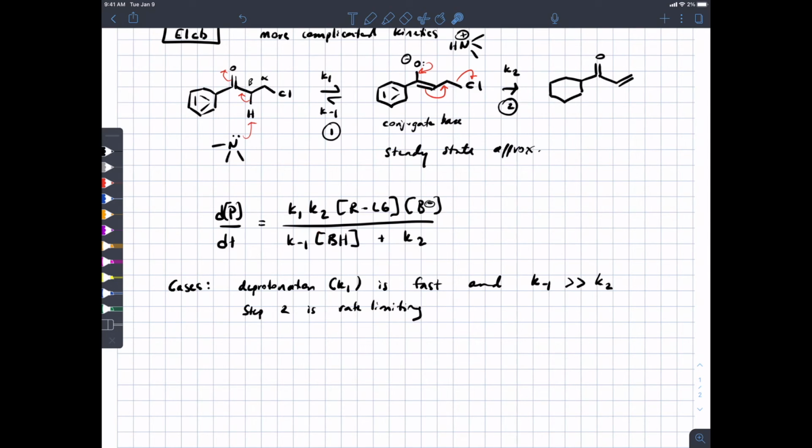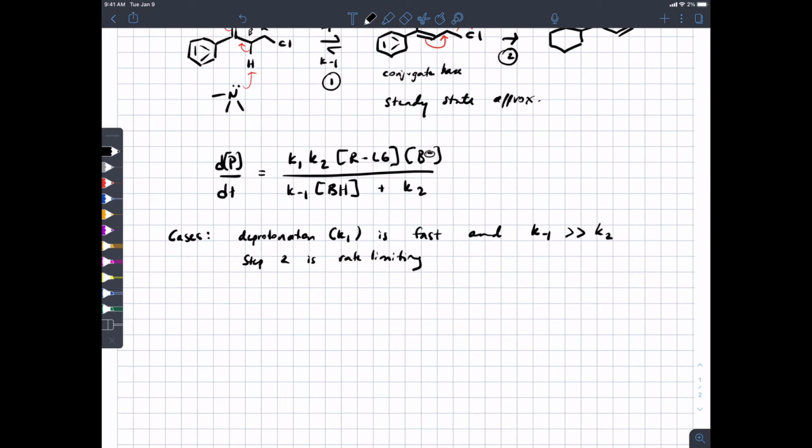If the K minus 1 term is much larger than the K2 term, then we simplify the rate law by leaving out the K2 term in the denominator.